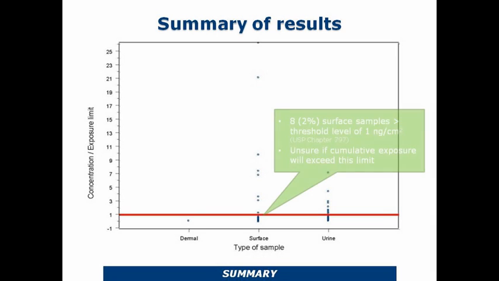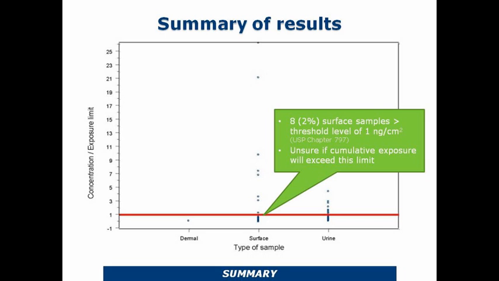Okay, so we'll start with the surfaces, and only 8, or 2%, of our surface samples exceeded this threshold level that was put out by the United States Pharmacopoeia, which is the professional association, and they listed the threshold level of 1 nanogram per square centimeter. However, we don't know whether or not our levels will exceed this following cumulative exposure.